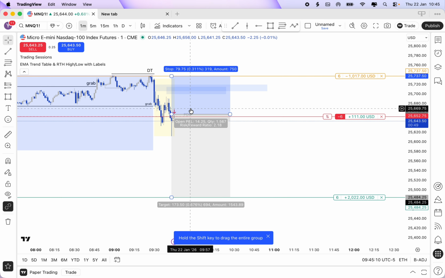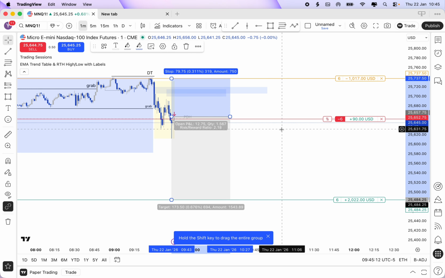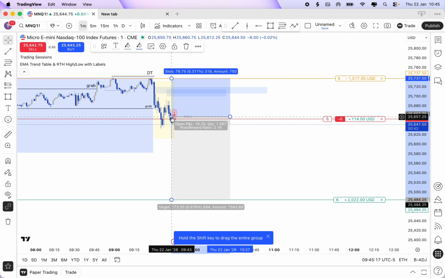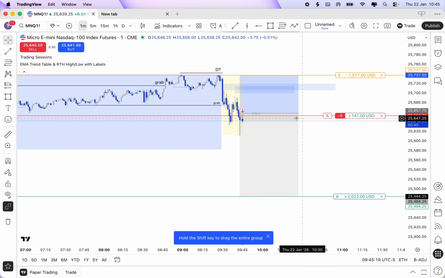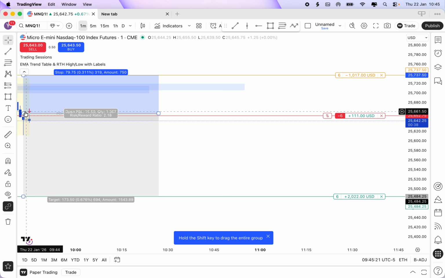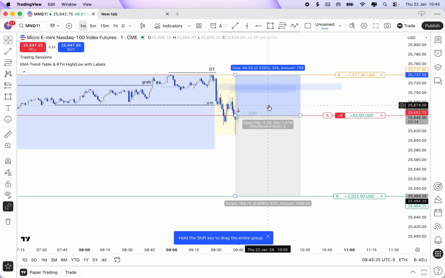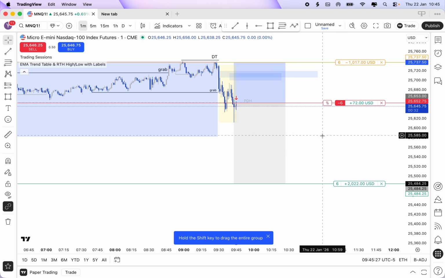Because I don't think it's going back again. Stop it. Why wouldn't it let me move? Okay. I don't think it's going down, guys. Going up again. So we'll just take the lower RR, $2,000 for one day. Can't complain about that.